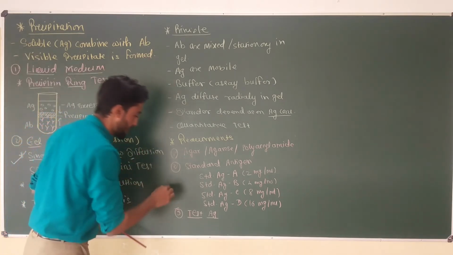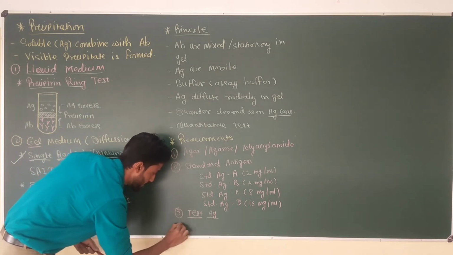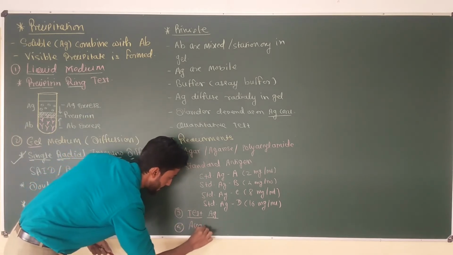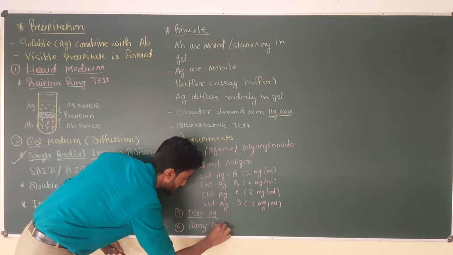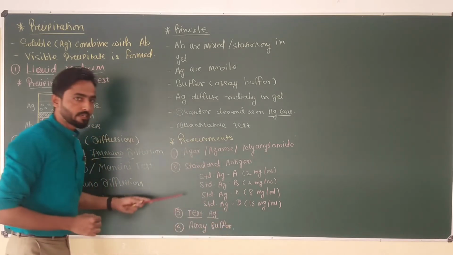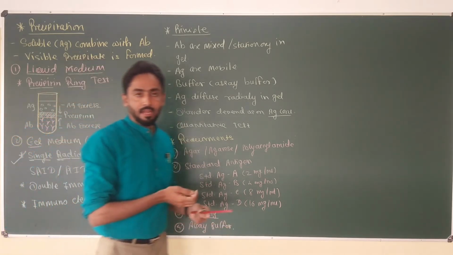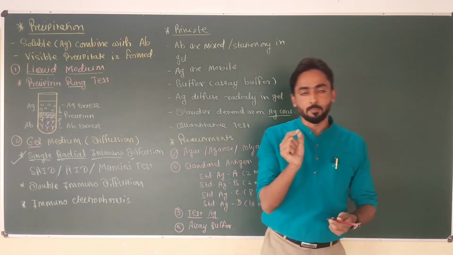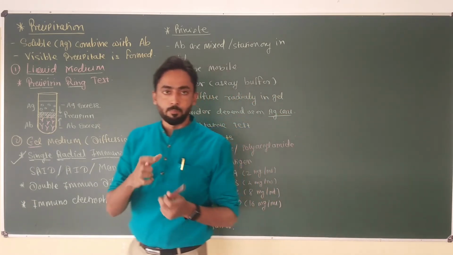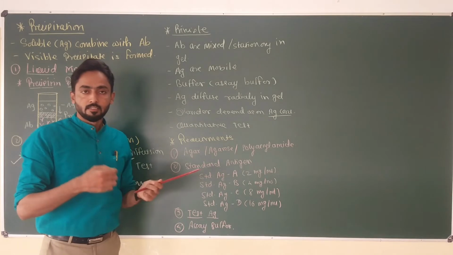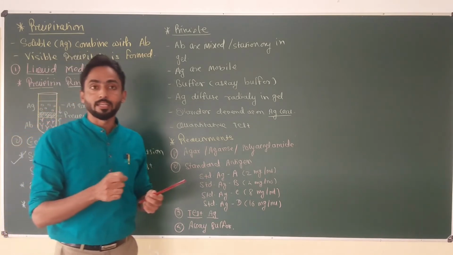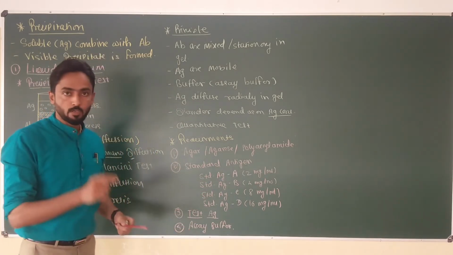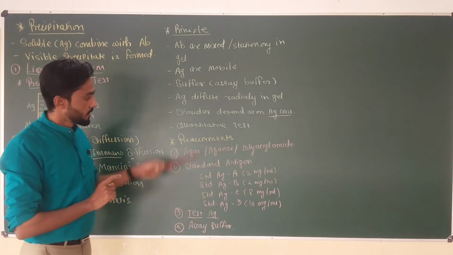The next thing that you need is assay buffer. Because antigen and antibody both are proteins, and proteins require very specific pH for their action. If pH fluctuates during the experiment, the chances of denaturation of the protein increase. So we need assay buffer to maintain the pH constant during the procedure.